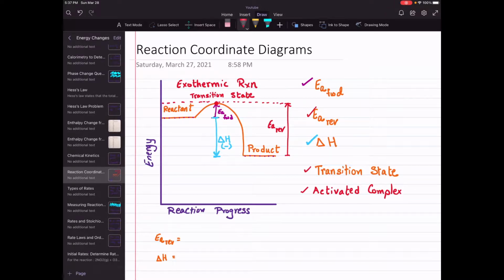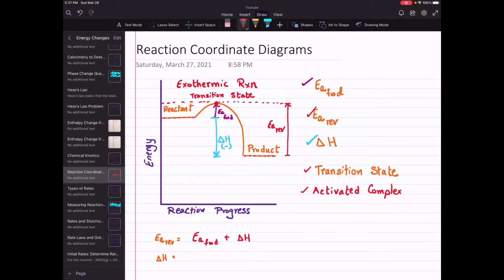Okay, going further down, we have over here activation energy reverse, and we are trying to figure out what would be a formula that we can use to calculate the reverse activation energy. Well, if you look at the diagram, right, the amount of energy you have for EA forward plus the delta H value, right?